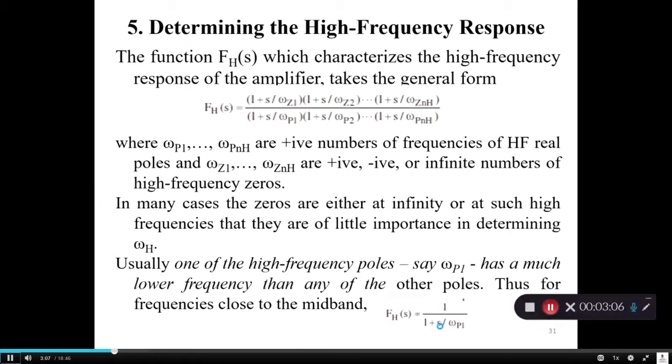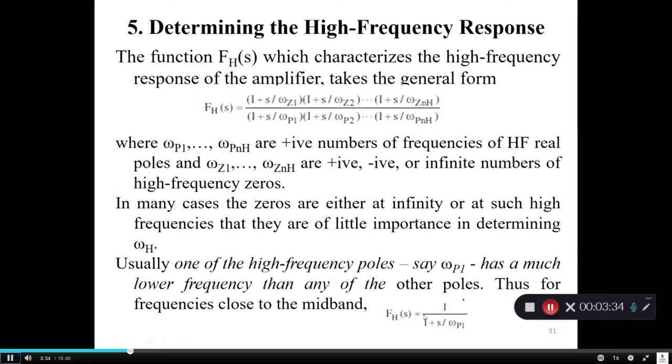So one of the high frequency poles, say omega P1, has a much lower frequency, the lowest frequency of all the poles, because there are so many poles but we are interested in the lowest frequency. That is just near the line touching minus 3 dB. The frequency is close to midband, from where the midband starts, from minus 3 dB to the back side.